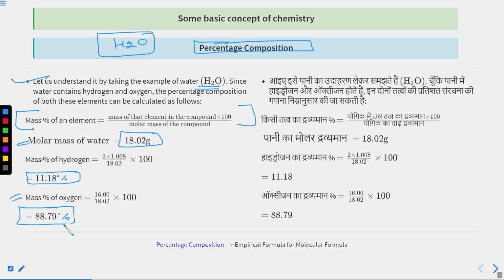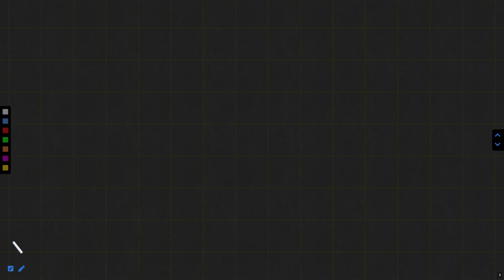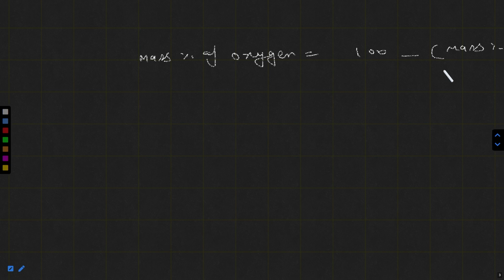There is a short trick as well. If you are about to calculate the mass percentage of the last element, in this case oxygen, you can take 100 minus the sum of the mass percentages of all other elements.